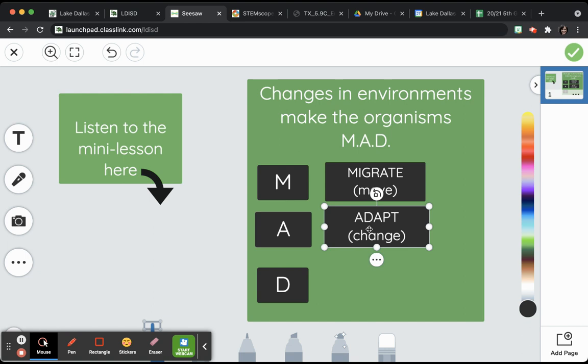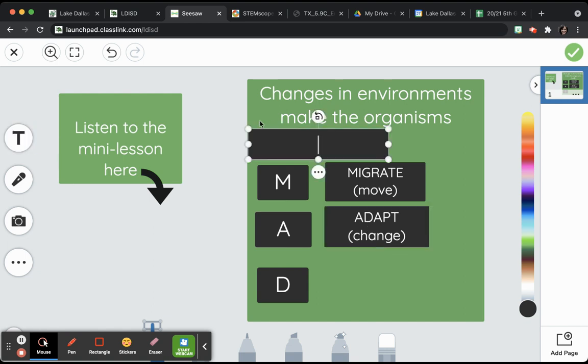So what they were used to eating before, maybe now they have to eat something different, or they may have to change their shelter. The way that they built their shelter before, maybe now they have to make some changes to it. Those are just a couple of examples of ways that living organisms can adapt to the environment. We as humans even do that. When change happens, we figure out a way to deal with it. So that's how we adapt when things change around us.